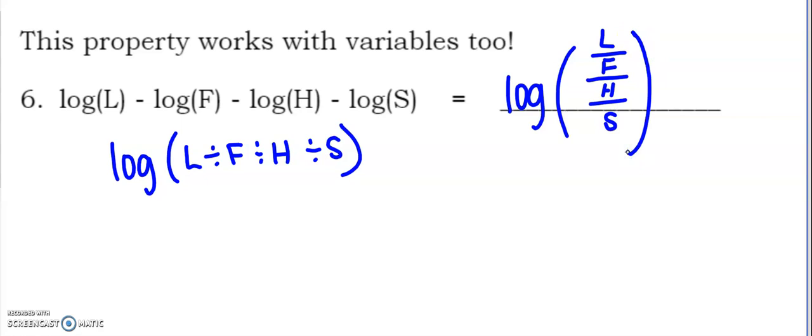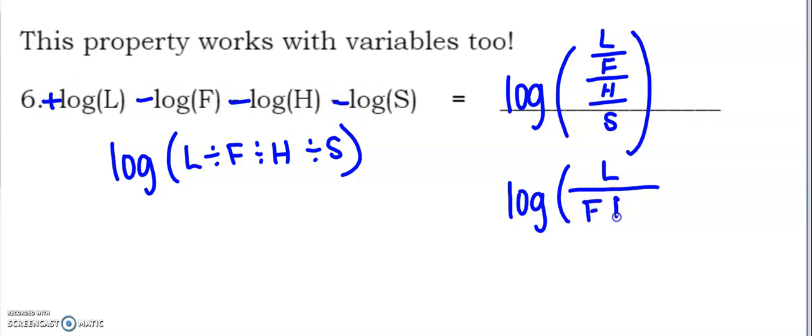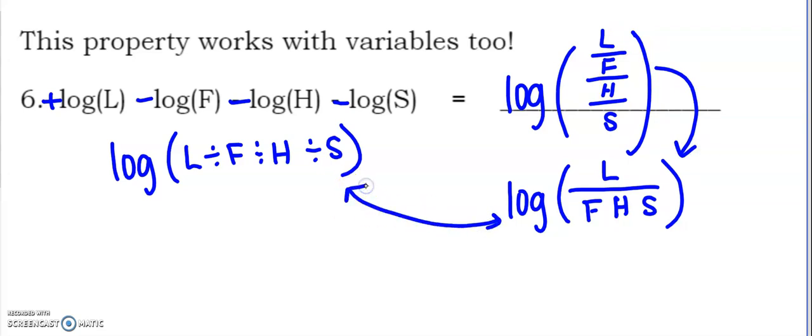Because each one of those things would have been subtracted. The other way you can write it is log of L is definitely in the top because that technically is a positive log, whereas these ones are all negative logs, in which case all of the negatives end up in the denominator, okay? Because this whole expression does actually mean the same as that, which means the same as that.